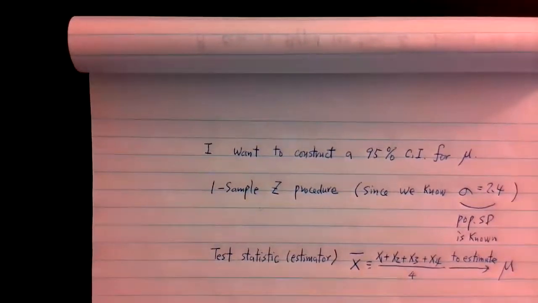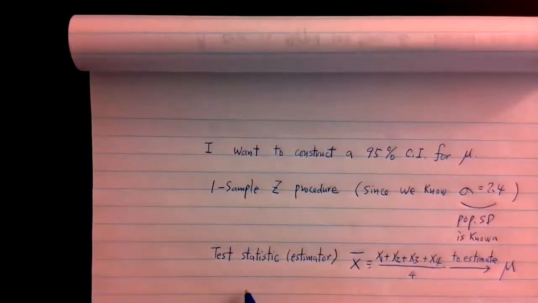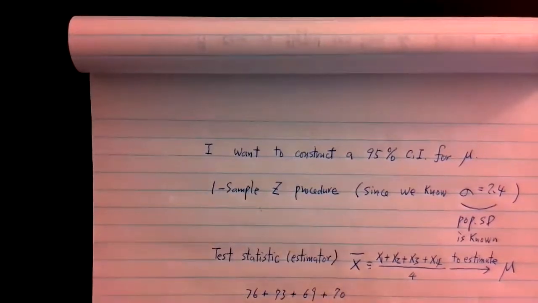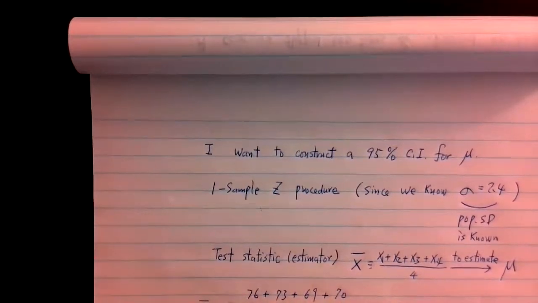The 4 given days are 76 plus 73 plus 69 plus 70, divided by 4.